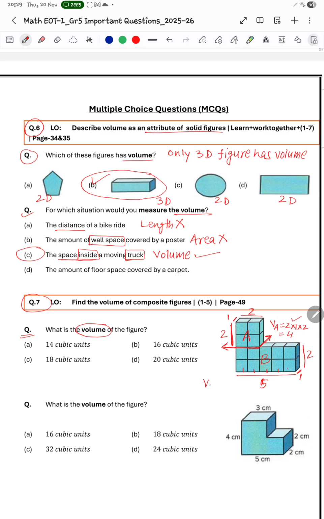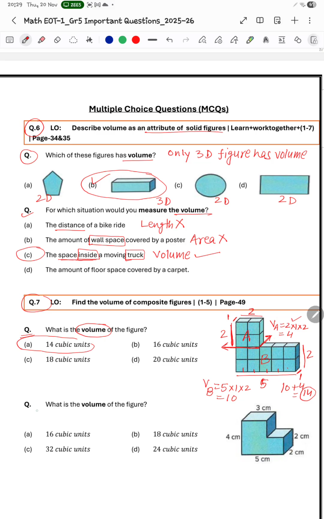So the volume of B block will be 5 times 1 times 2, which will give you 10. Now if you add both, you will get the required answer. So my required answer will be 10 plus 4 equal 14. So 14 will be my correct answer. As you can see, this one.